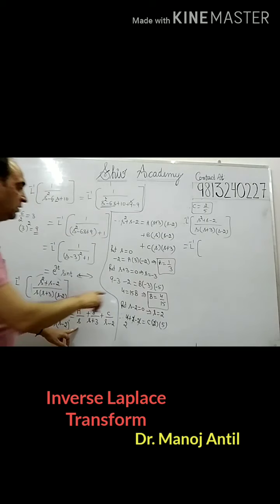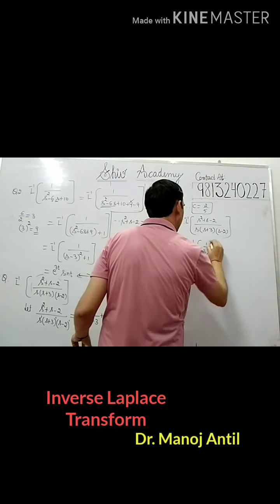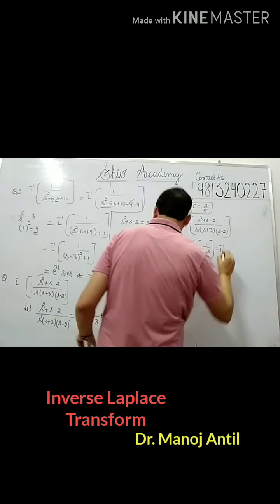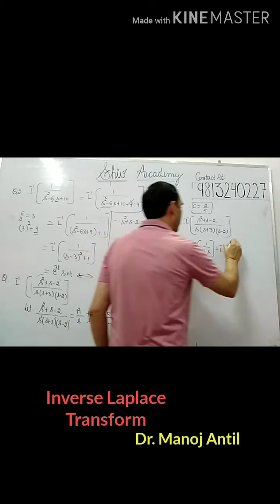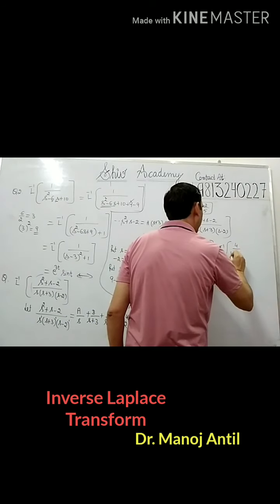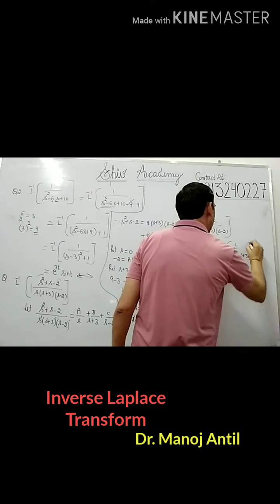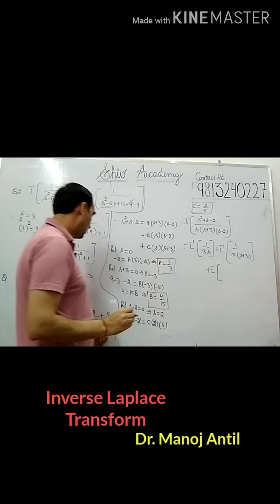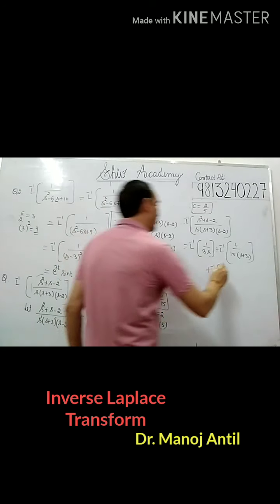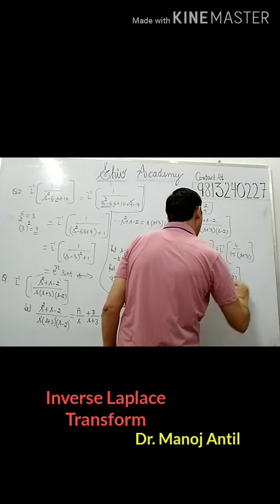The value of a is 1 by 3, so it is 1 by 3s, plus L inverse of b by s plus 3, where b is 4 by 15, so 4 by 15 into s plus 3, plus L inverse of c by s minus 2, where c is 2 by 5, so 2 by 5 into s minus 2.